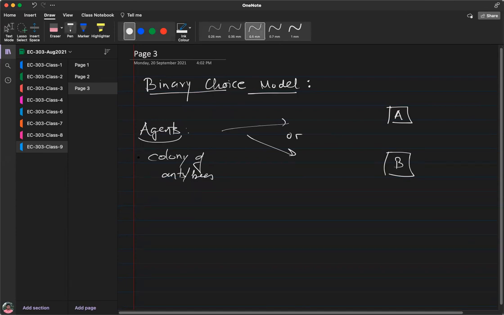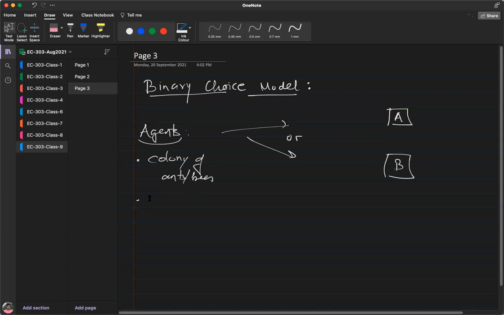But it turns out that this broad class of models is also quite useful in human contexts, where humans are deciding between two choices and also have certain social interactions.